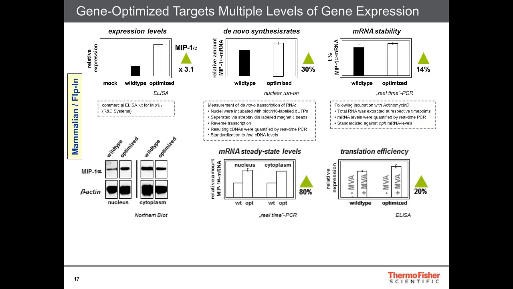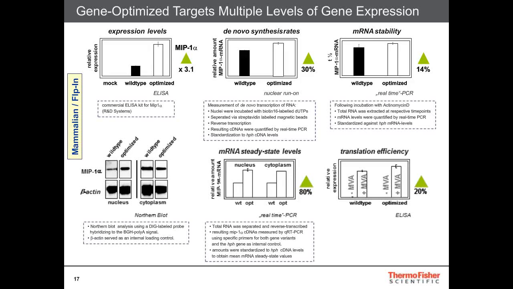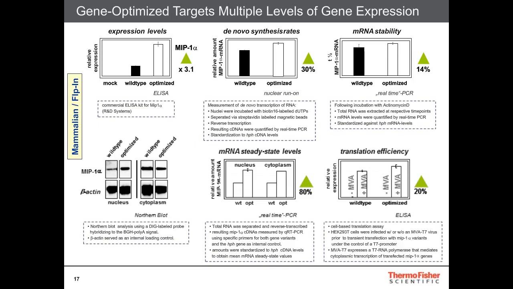We also measured, using Northern blot and real-time PCR, mRNA steady-state levels, and demonstrated that those mRNA steady-state levels of cytokine MIP1 alpha mRNAs were increased by 80%. And finally, carrying out a cell-based translation assay, we also demonstrated that even the translational process was 20% more productive when we used an optimized construct.